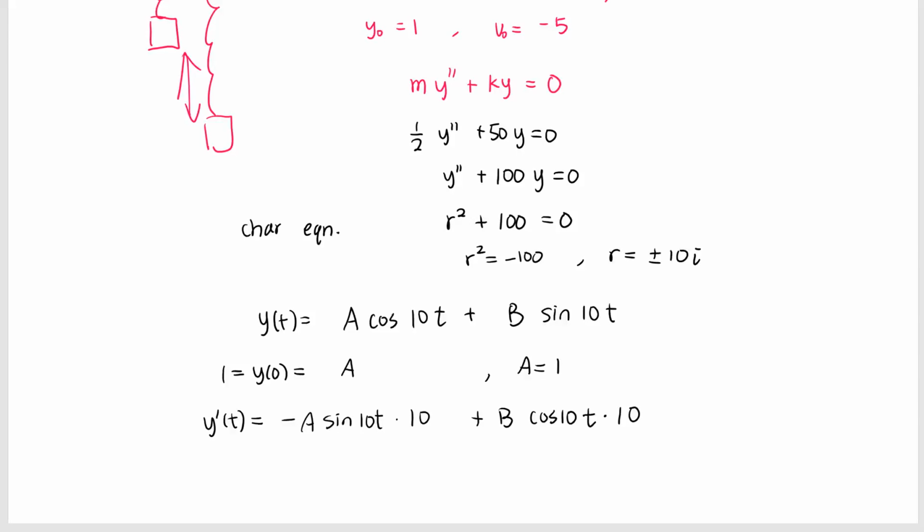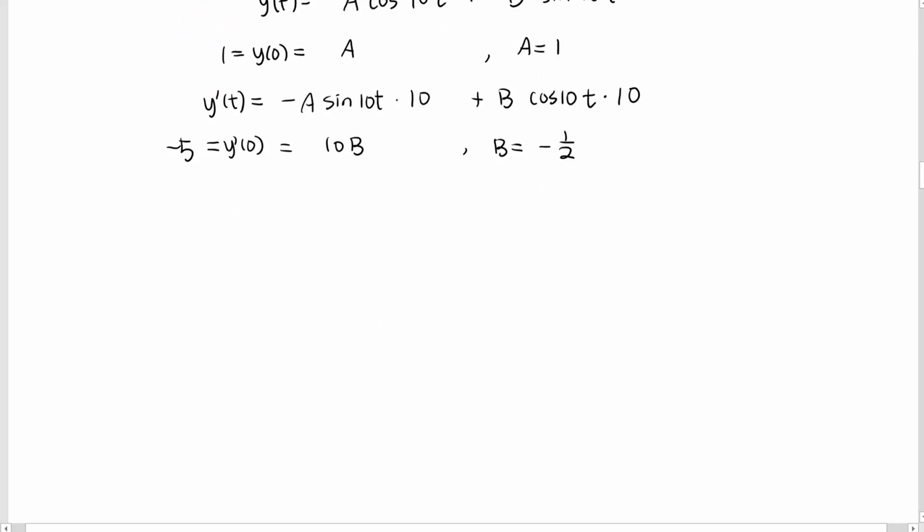Alright, then we can plug in y prime of 0, which is the velocity. That equals to sine 0 is 0, cosine 0 is 1, so 10b equals to minus 5. Then b is minus 5 over 10, so minus 1/2. You see, we figure out A and B.